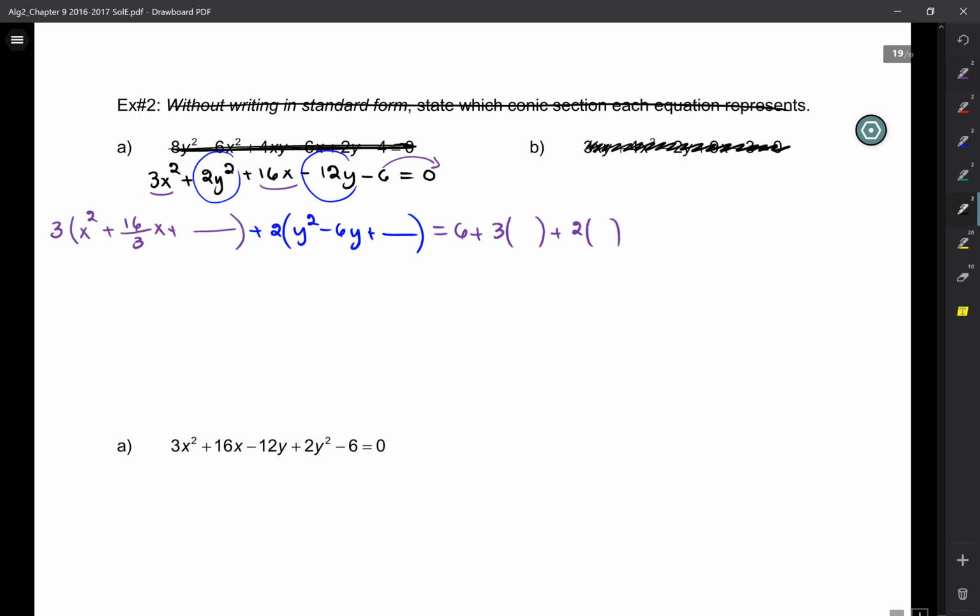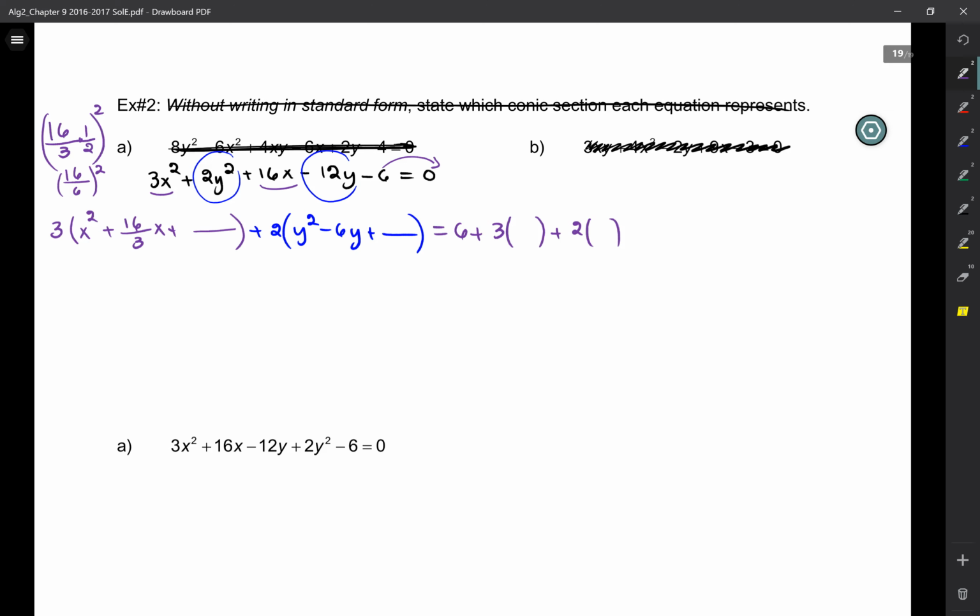All right, what number goes in the first blank? So I'm going to take the 16 over 3, divide it by 2, that's like 1/2, and then square it. So I get 16 over 6 squared. What is that going to be? What's 16 over 6? Well, it's over 3 and then divided by 2, so times 1/2, right?